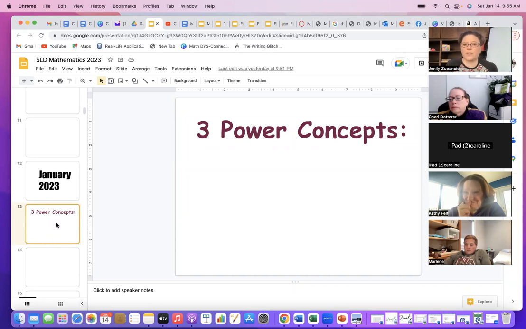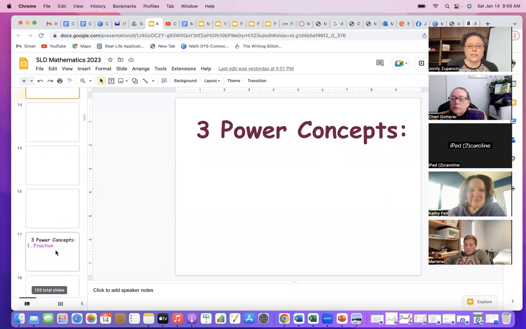So in working with these students, I even took many of my 7th and 8th grade students to go do math with the kindergarten, first grade students, because that was part of my research of really understanding child development, what math looks like at that age, what kids can do, what they can't do. And all of that created and filtered out some standards that don't have high leverage, but created this focus on the 3 power concepts.